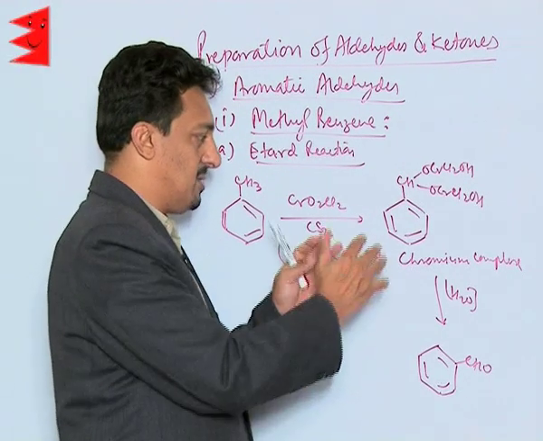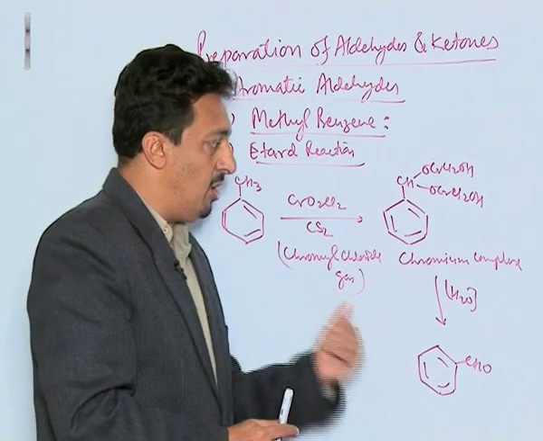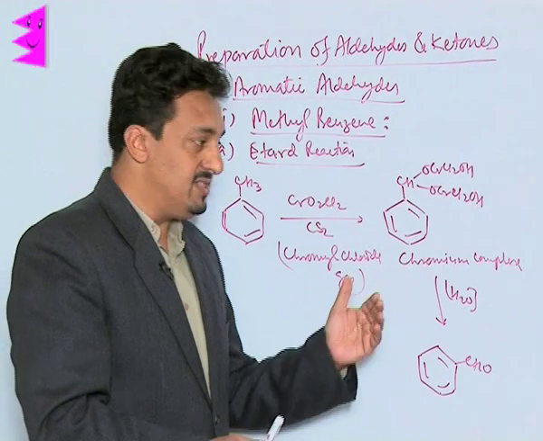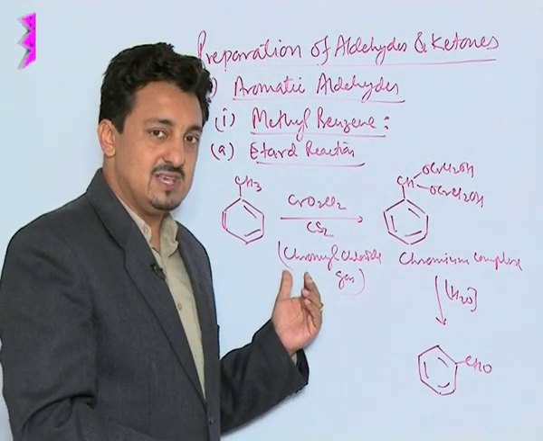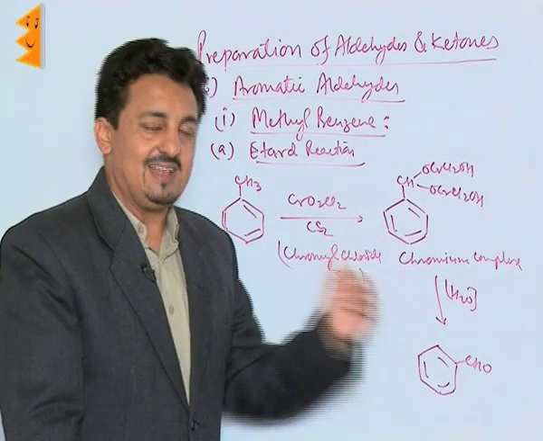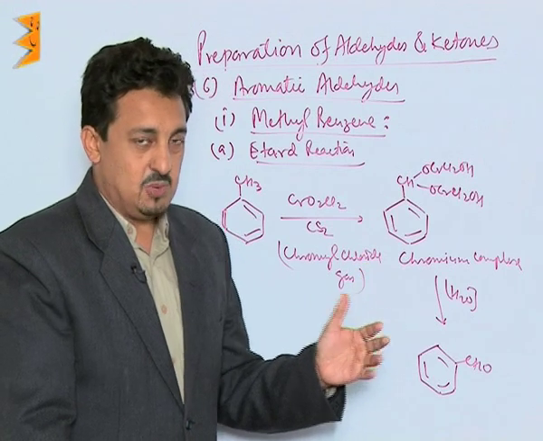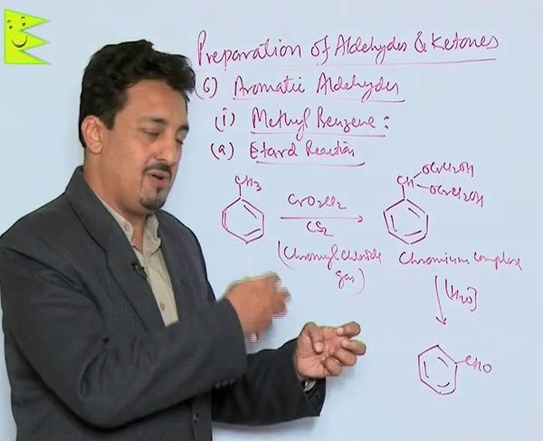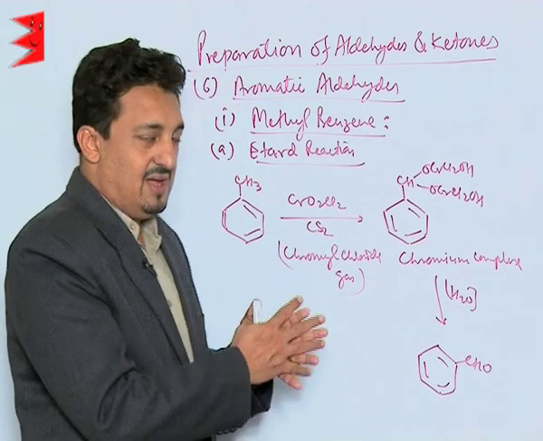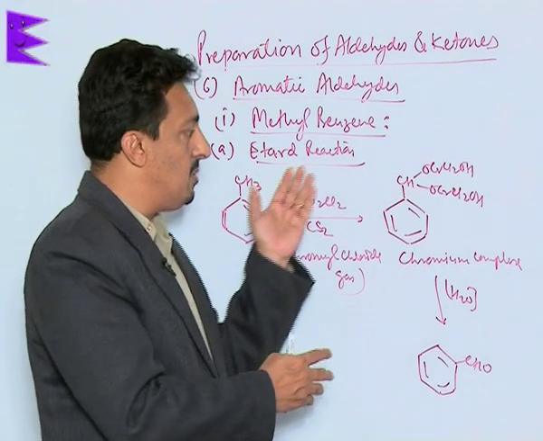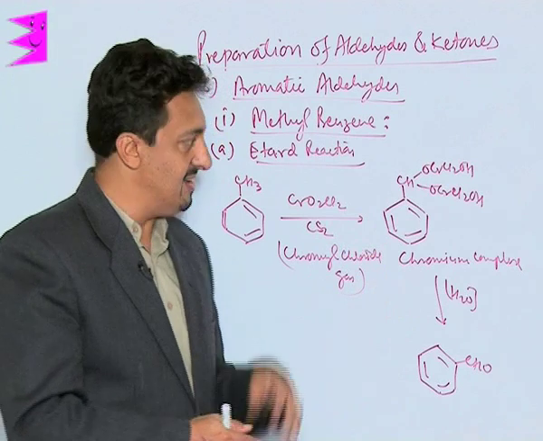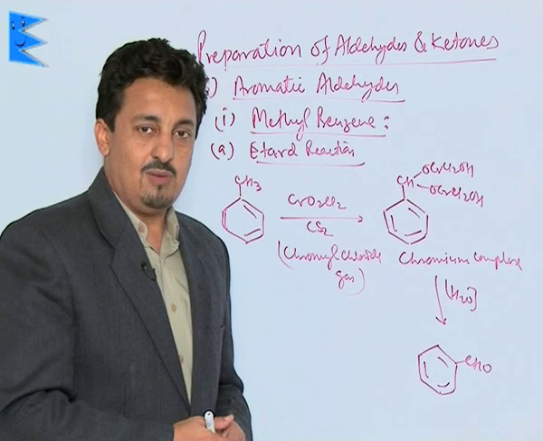A complex intermediate is formed which cannot be further oxidized, and that on hydrolysis gives us the aldehyde. See, the problem with alkyl benzenes is that once we try to oxidize them, they get directly oxidized to benzoic acid. So we cannot let their oxidation go on its own, because that is going to give us the acid group. We need to stop it in between, so we use reagents which convert them into complexes and stop further oxidation, which on hydrolysis gives us the aldehyde. And Etard is a very good method using chromyl chloride.